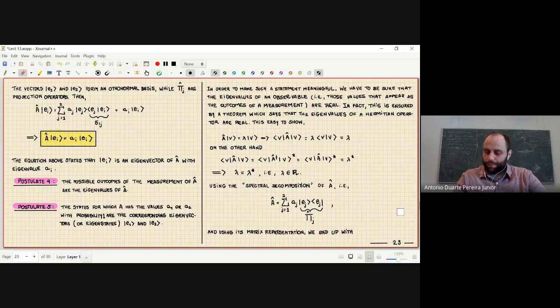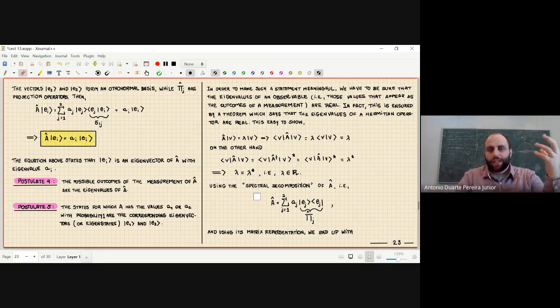Good. So we are already starting to talk like people that really know quantum mechanics. You're talking about eigenstates and observables. Let me say that the spectral decomposition is a beautiful theorem in linear algebra that we use a lot. Let me also remind you that I use the word spectral because in mathematics, when you know the eigenvalues of an operator, you say that you know the spectrum of the operator.